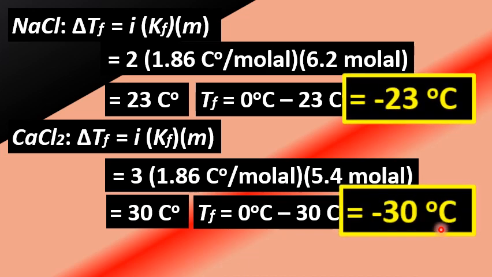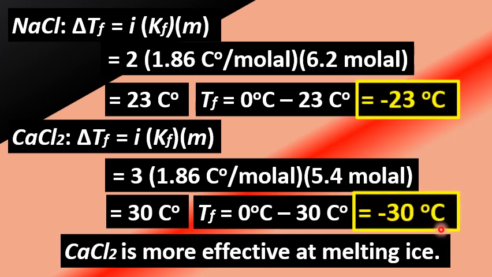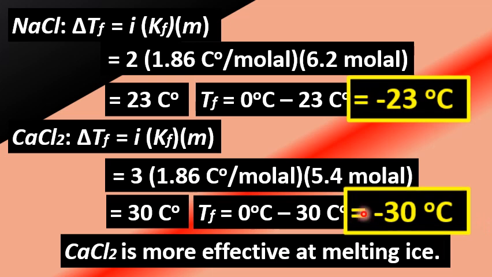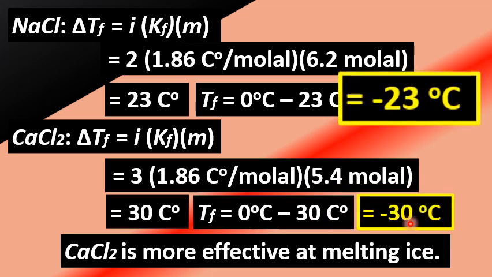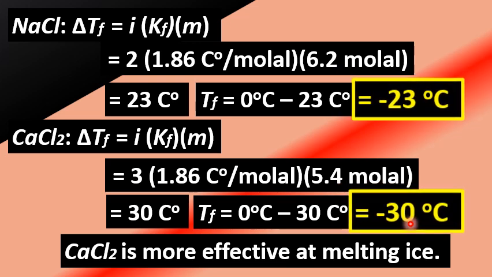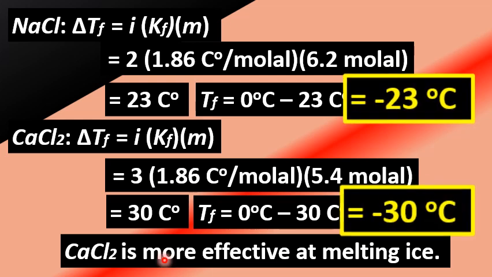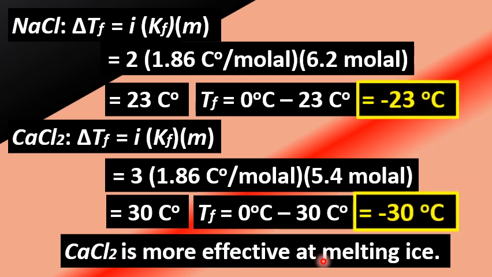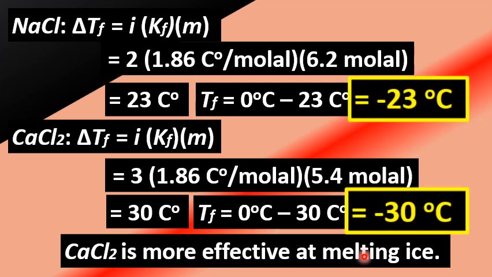Hence, we say that the freezing point of calcium chloride is much lower than the freezing point of the sodium chloride solution. So, we therefore say that calcium chloride is more effective at melting ice. All right?